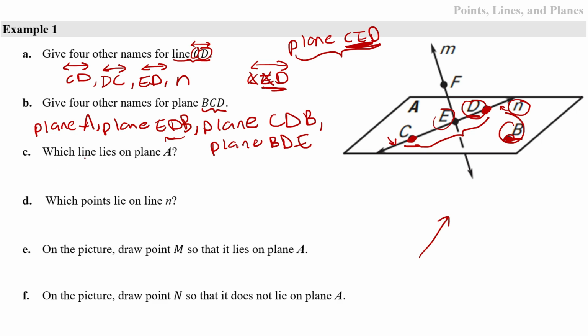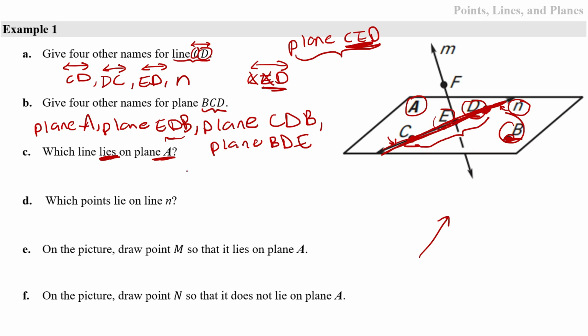So which line lies on the actual plane A? So once again, plane A is that one right there, which is the piece of paper that you see on the picture. And there's 2 lines. Okay. Well, the line that is on that plane, sorry, I should say, that lies on it, is this line right here, which is line CD.